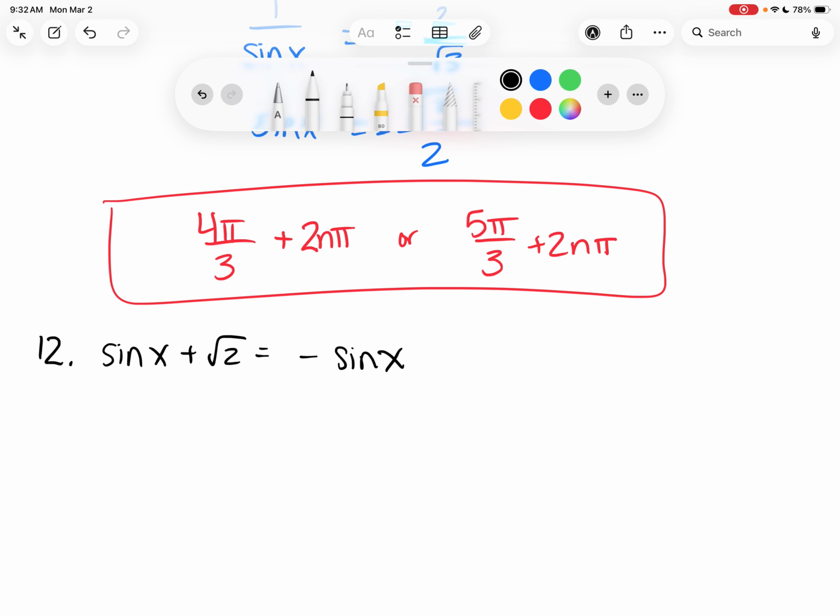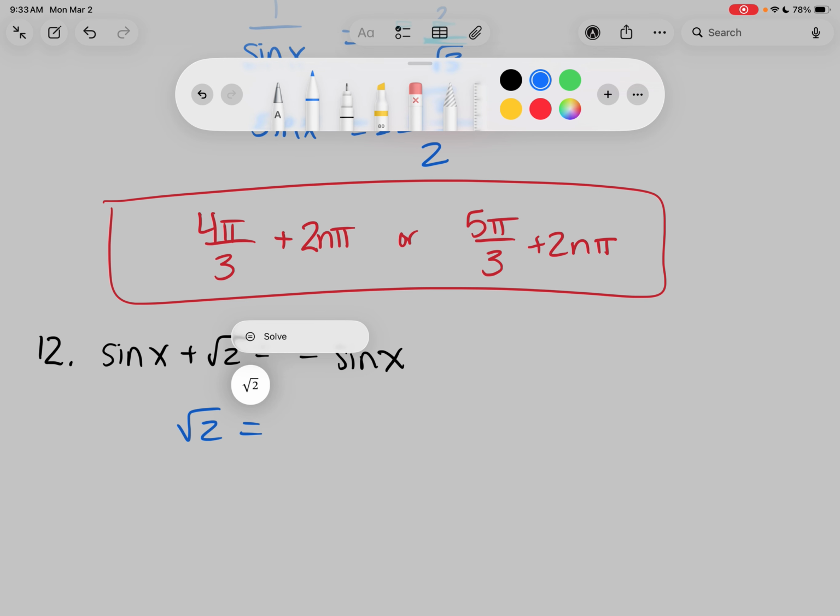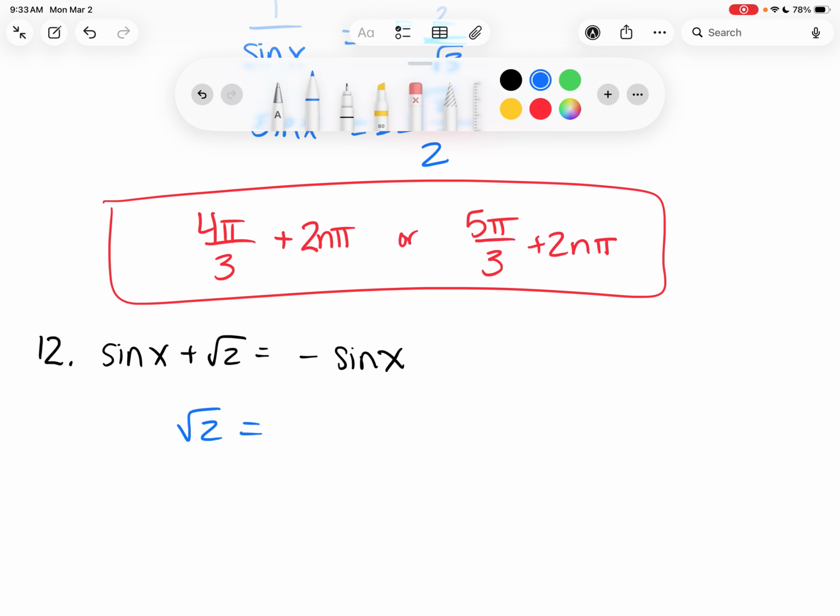I would suggest that we try to get both sines on the same side. So I'm going to subtract sine of x off the left. I'll have the square root of 2 is equal to minus the sine of x minus sine of x. So this is going to be minus 2 sine of x. Not squared. They're not being multiplied.